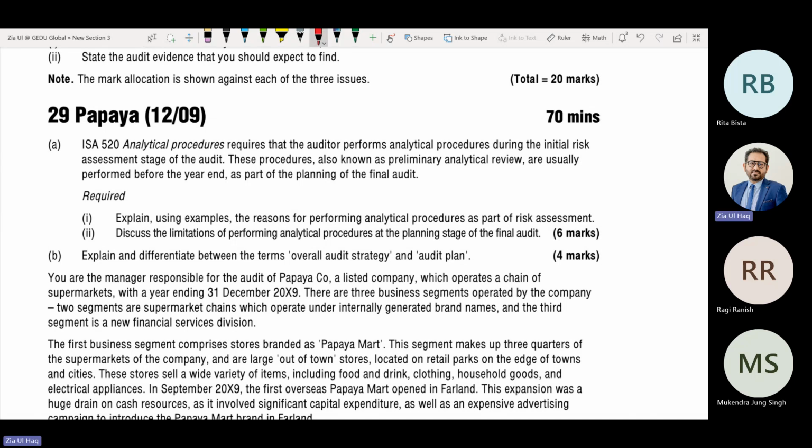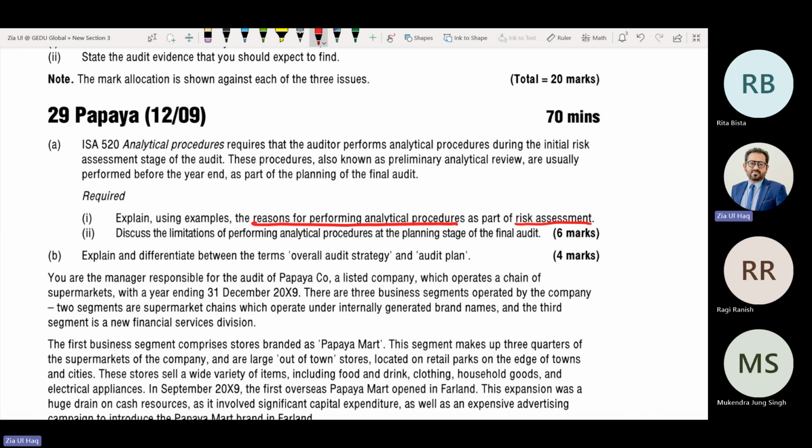The reason for performing analytical procedures as part of risk assessment. Why we perform risk assessment? Risk assessment is a planning stage where we highlight risky areas. So why we perform analytical procedure at planning stage? We need to explain using examples.